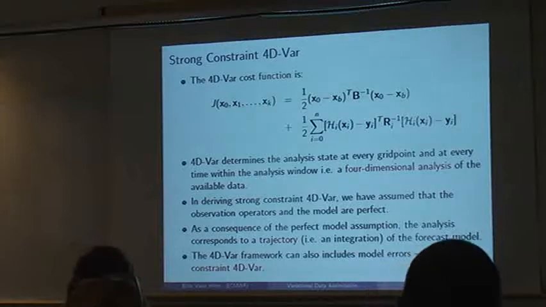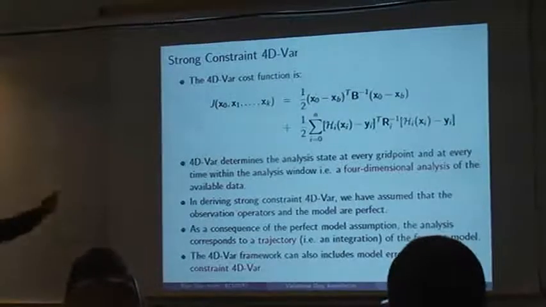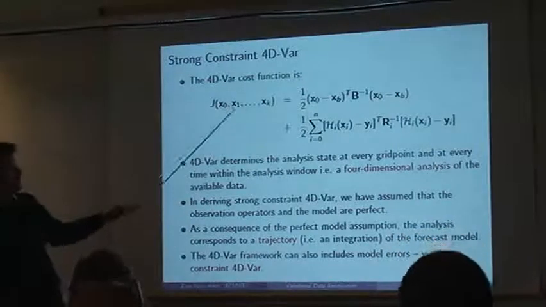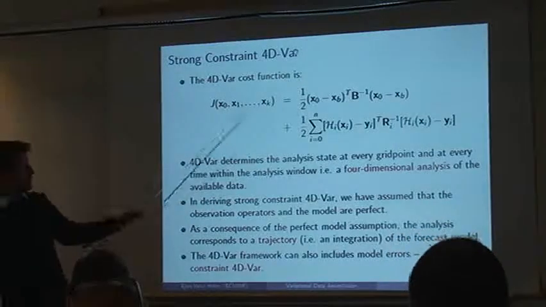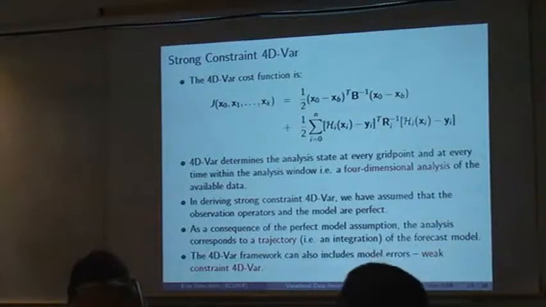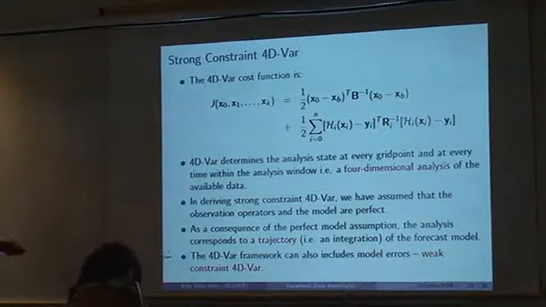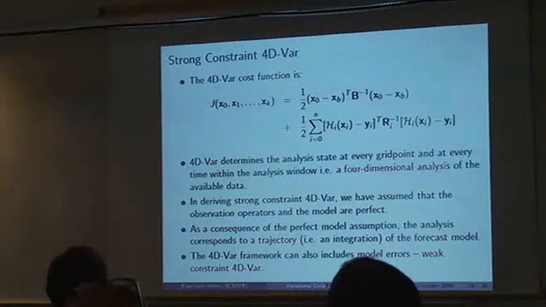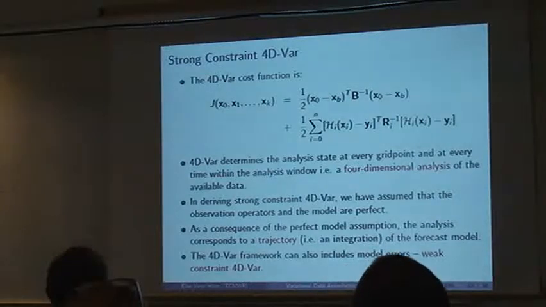So this is what we get now. This is the cost function, as we say here. It is a function of the states x1 to xk, where each of these is just M of x(k-1). What we just discussed is four-dimensional analysis.